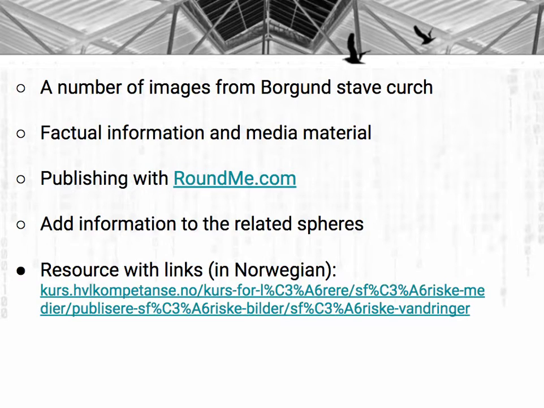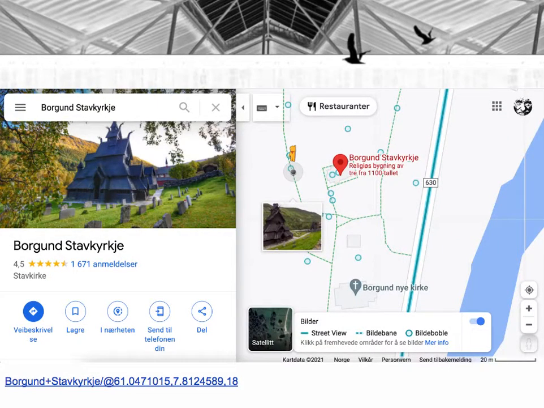And there's a resource which is in Norwegian, but try Google Translate and it will give you a decent idea of what this is all about, for additional information. And the nice thing is that Google Street View has been almost around every road in large parts of the world.